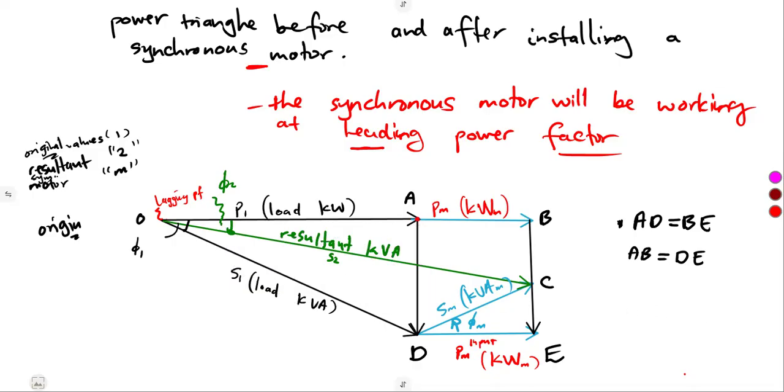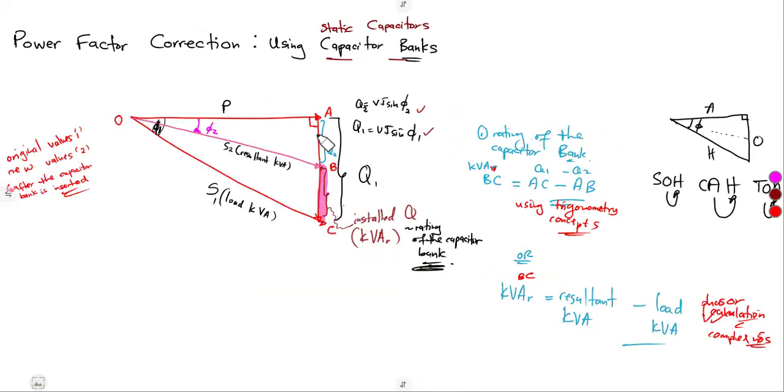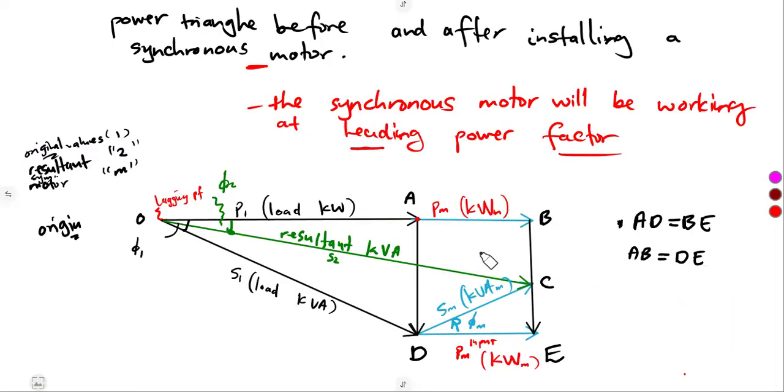This is our kVAR, just like AC. You see from our diagram, when we were dealing with capacitor banks, from A to C, that was our Q1. It is the same thing that we are having here from A to D. It represents the load kilovolt ampere reactive.